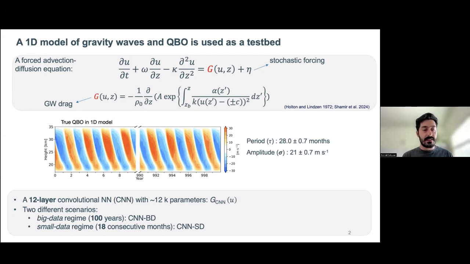One is a big data regime, which includes 100 years of data, denoted as CNN-BD. The other is a small data regime, which only has 18 consecutive months of data, a more realistic scenario considering the cost of gravity wave resolving simulations. It is denoted as CNN-ST.